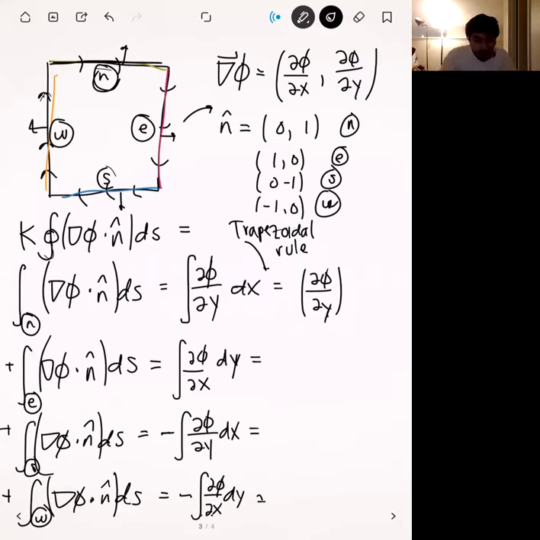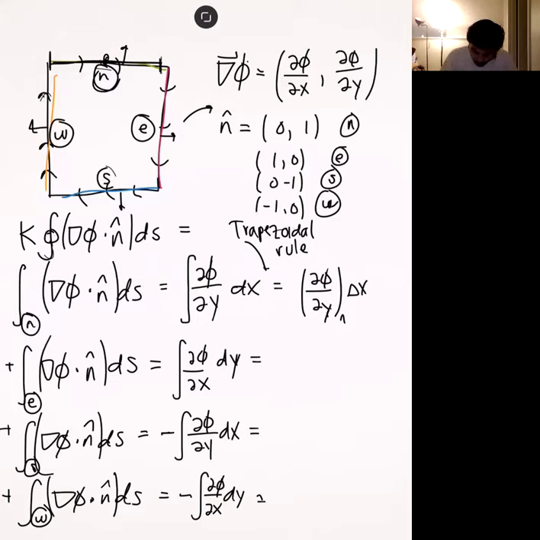Because we're doing a 1D integral here, we multiply by the length of that line, which is delta x. The other thing we put here is a little subscript n, which tells us that we're evaluating this integrand on the north face, specifically at the centroid of this north face. That's what the trapezoidal rule says: we evaluate things at the centroid of the integration domain, and multiply by the size of the domain.